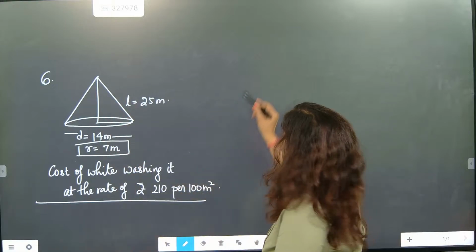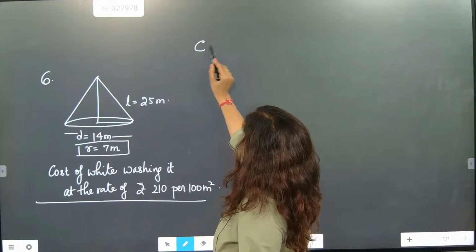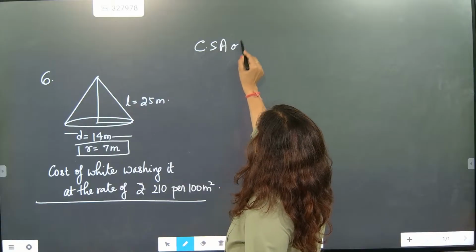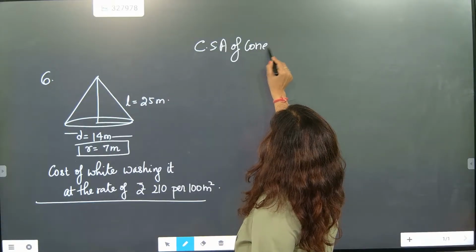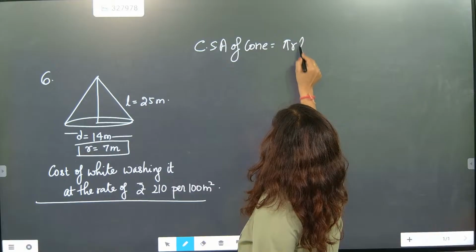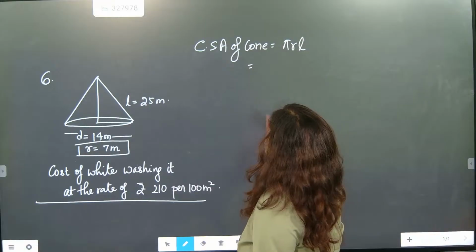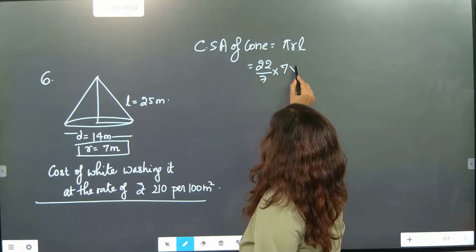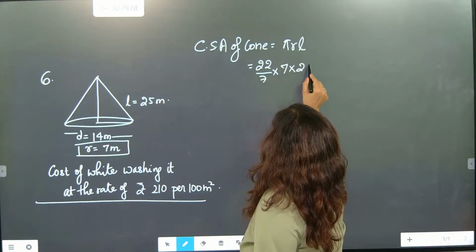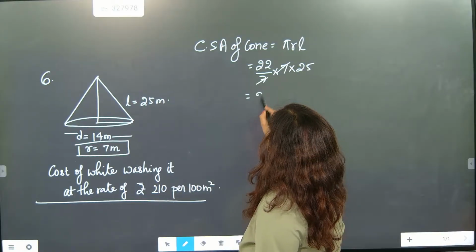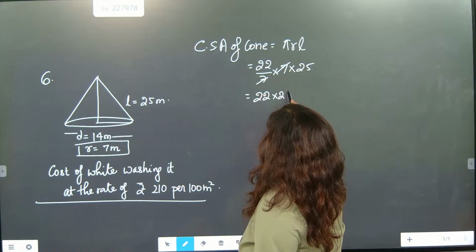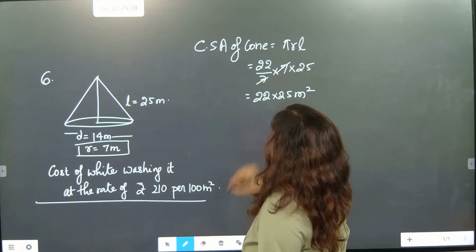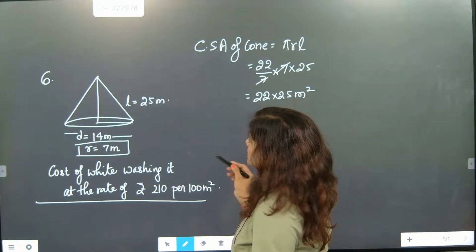So the CSA of cone will be equal to pi r l. Pi is 22 by 7, radius is 7 and slant height is given as 25. So this and this cancel. So 22 into 25 square meter will become the CSA of cone.